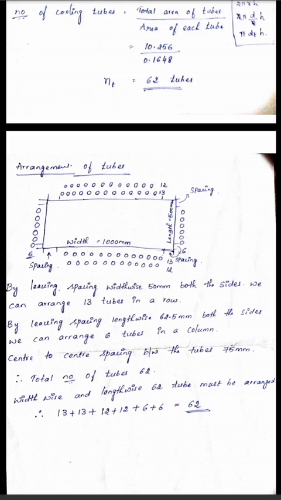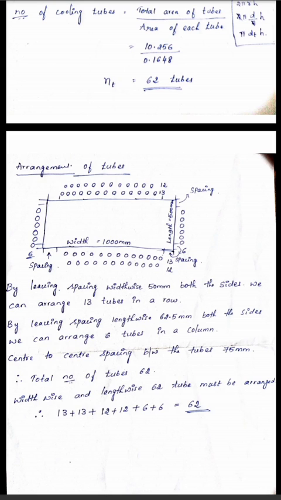Next, we should see how many tubes we can arrange width wise and how many length wise. My total width is 1000 mm and the spacing between each tube is 75 mm. So 1000 divided by 75 will give you 13 tubes.